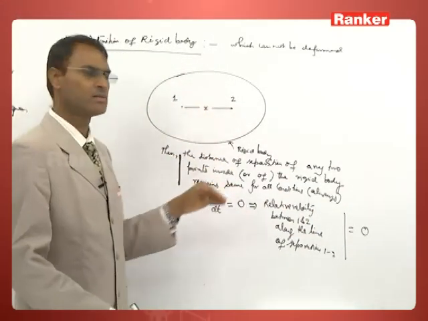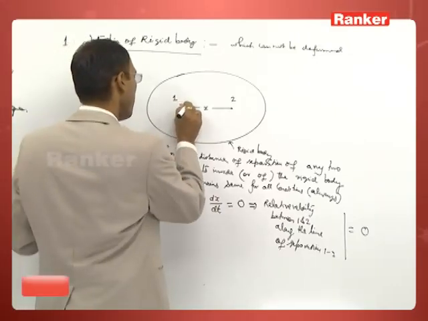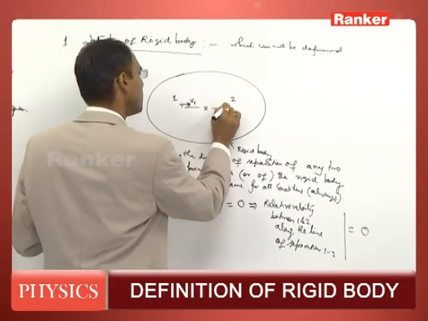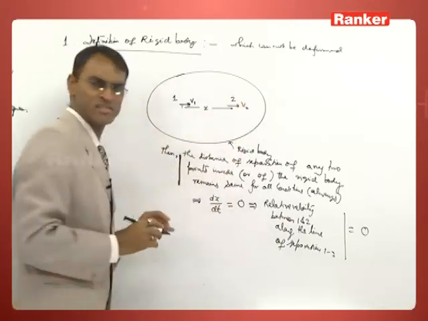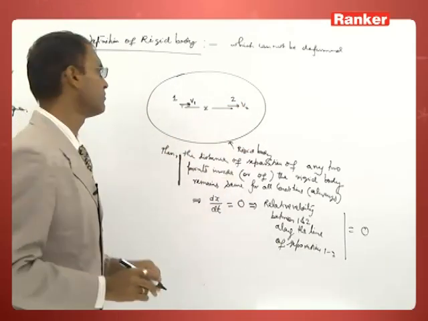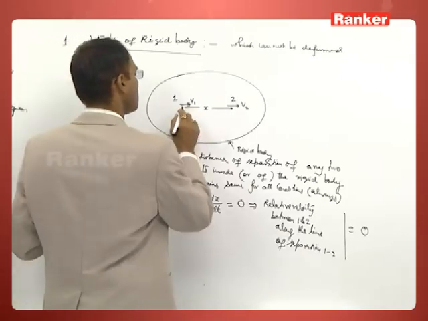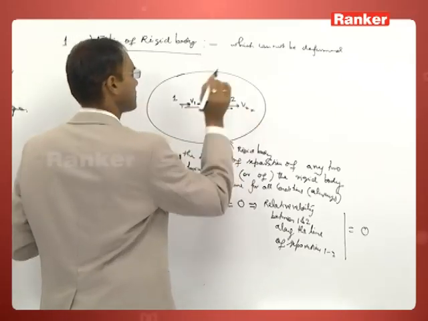Along this line, both the points must move with the same velocity. So v1x must be equal to v2x.